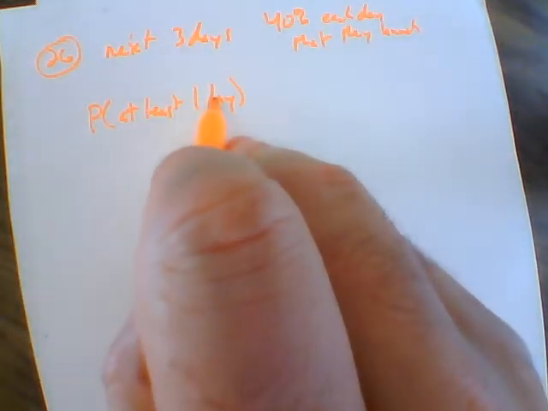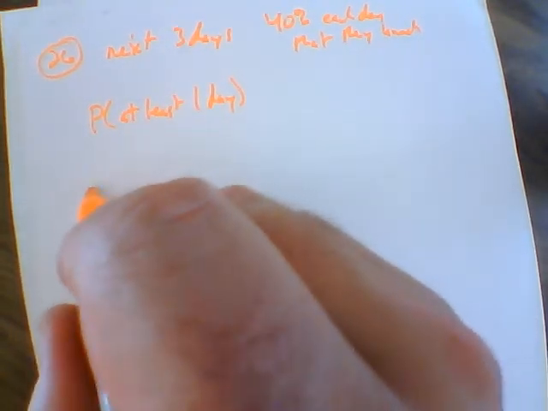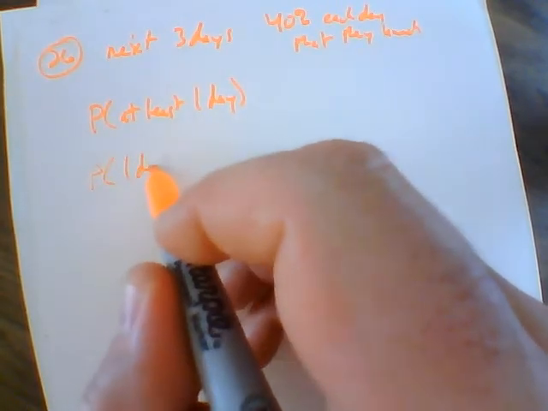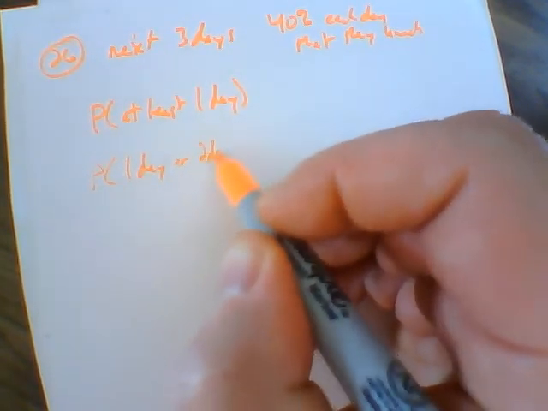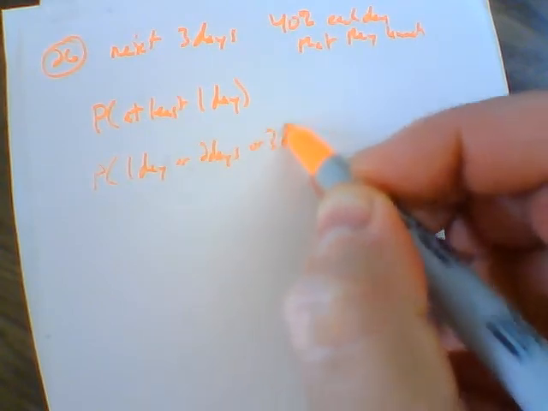Now this at least one day really is kind of hard to understand fully, but it's not the worst. So remember, if we want at least one day, we could have the probability of one day or 2 days, or 3 days.